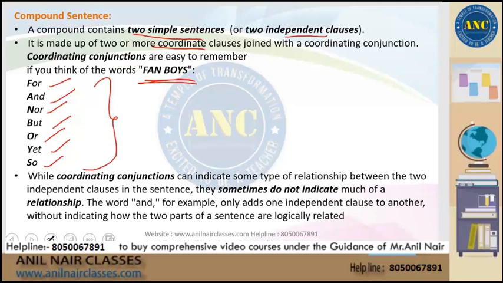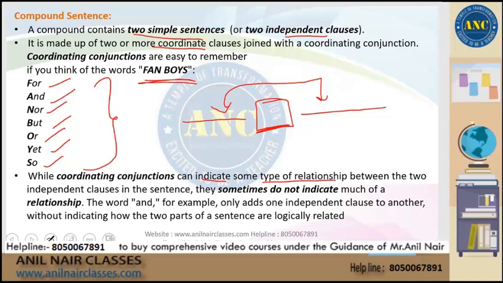Coordinating conjunctions indicate a type of relationship between two clauses. Because you have two clauses, you are using a coordinating conjunction. You're using a word to connect these two sentences, right? Hence, this word indicates the relationship between these two sentences.